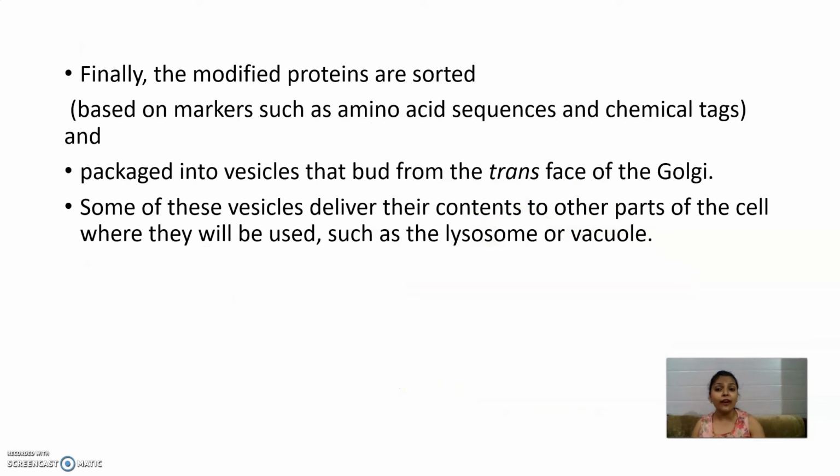Finally, the modified proteins are sorted on the basis of markers such as amino acid sequences or chemical tags. We will be studying this in protein targeting in our next video. Then the proteins are packaged into vesicles that bud from the trans face of this Golgi.